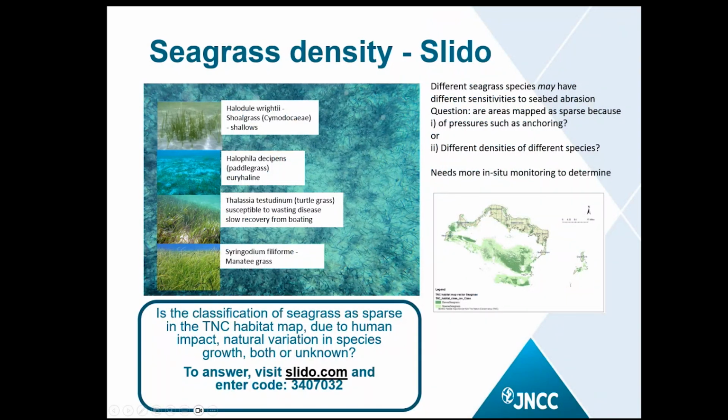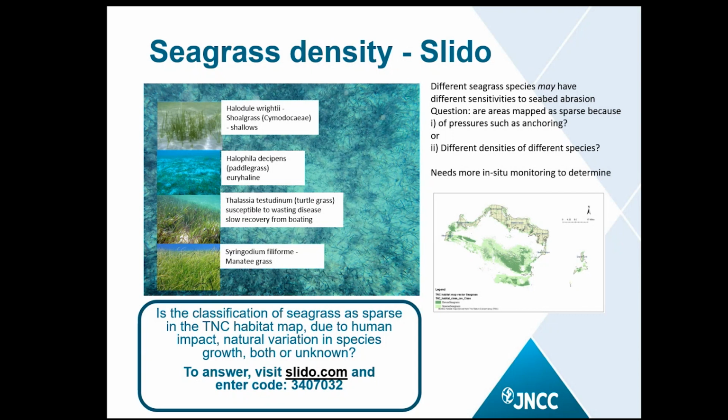So I'll hand over to Adam. Yeah, thanks, Laura. Like Laura said, about the accuracy of the habitat map and the assignment of the classes, we just want to get your views on this. At the moment, for the dense and sparse elements, we want to know whether things classified as sparse are sparse due to human impacts, such as anchor drag, or whether it's just natural variation, where the species in that area naturally have sparser growth densities.